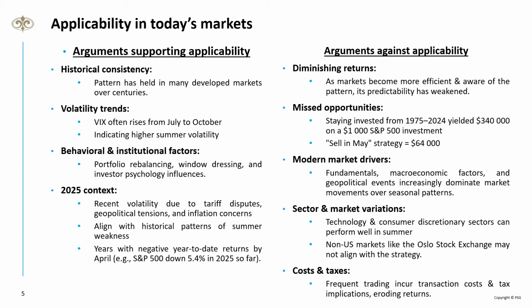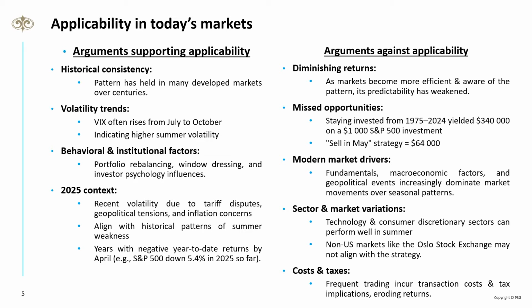If you had sold in May and used that strategy, you'd only have $64,000. You can see the big difference there. So the main thing is you're missing out on opportunities. Fundamentals, macroeconomic factors and a lot of other geopolitical events are playing a bigger role in the markets, so the seasonal movements are slowly being pushed to the back burner.